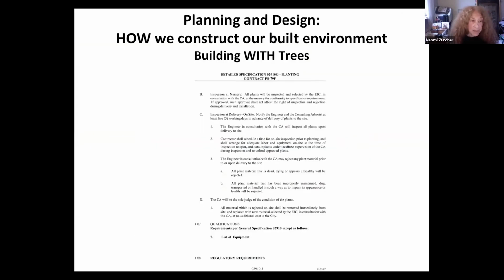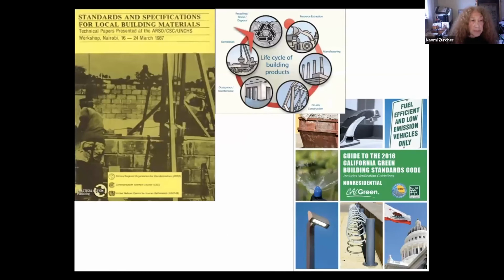Planning and design, how we construct our built environment. While planners, designers, and urban foresters do not directly construct, we do so indirectly with the design and build specifications we craft. In spatial development, the building process is given a great deal of consideration.